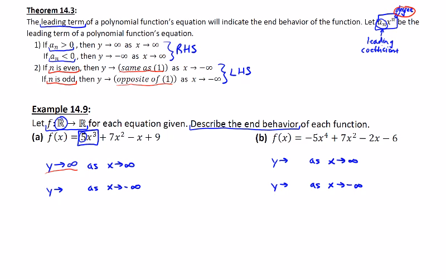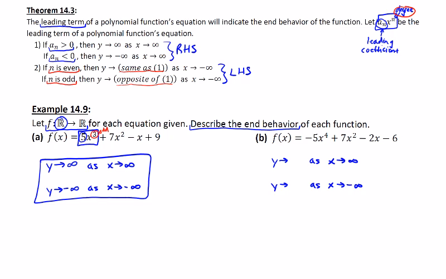And we also have that the power, or the degree, is going to be odd. So since the degree is odd, that means that for our second statement, we need y to approach the opposite of what it does in the first statement. So that means y is going to have to approach negative infinity. And that gives us the two end behavior statements for part A.